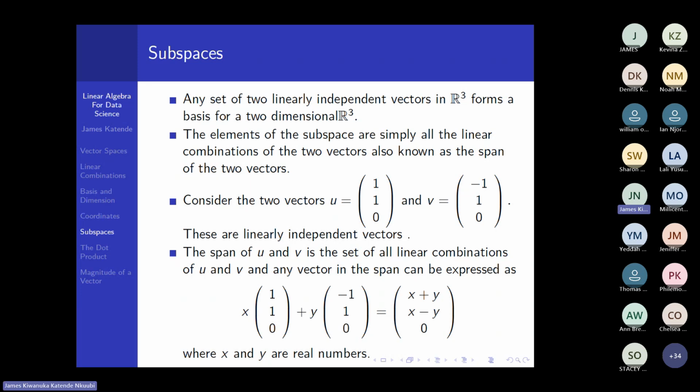So you can describe the vector subspace that is spanned by these two vectors in this form, where x and y are just real numbers. So you could have started from this point and proved that this is a subspace and proceeded to check that this is indeed a basis for the subspace.